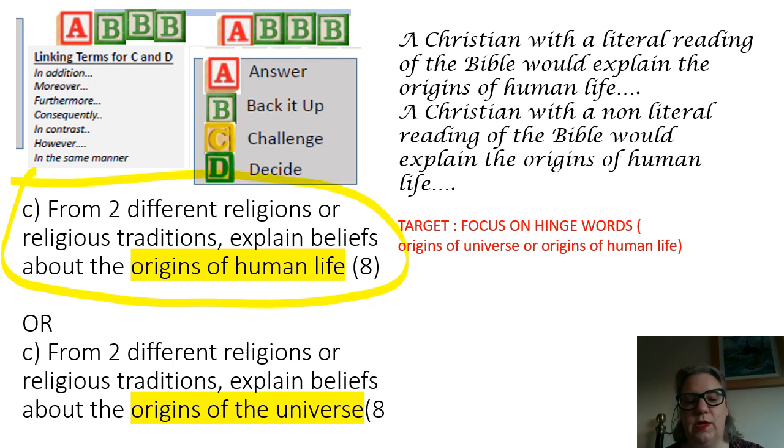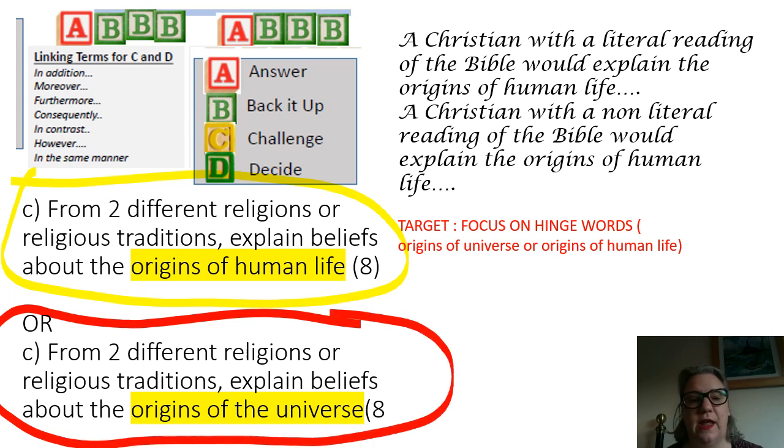If you scored 6 to 8, you're going to do this second task. So the people who scored 1 to 5 are basically going to redo the question again. The people who scored 6 to 8 are going to do a slightly different question, but using similar skills.